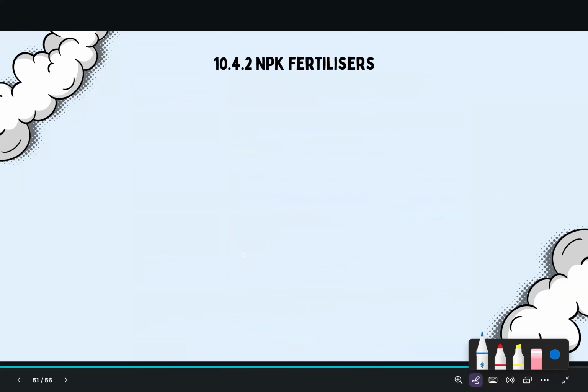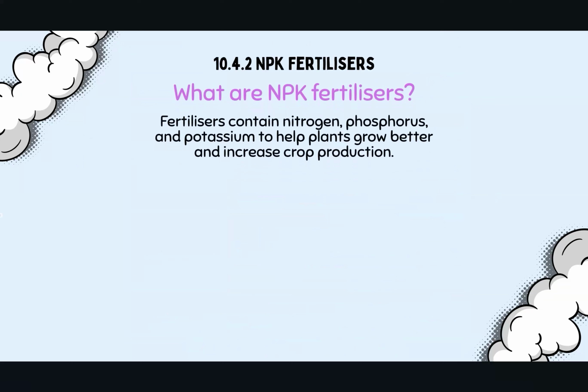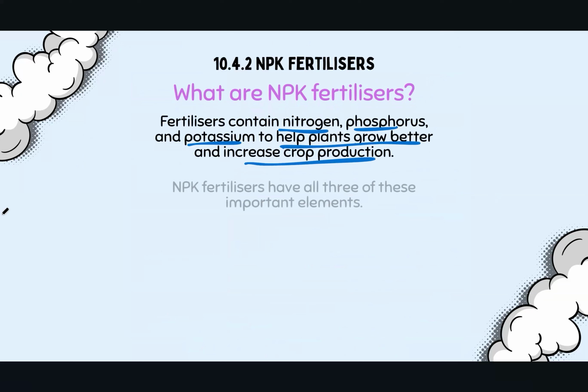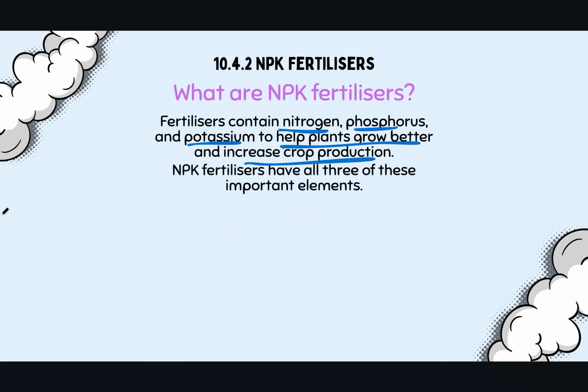Okay, NPK fertilizers. Nitrogen, phosphorus, and potassium are all needed to help make plants grow better and increase crop production. NPK fertilizers have all three of these important elements.